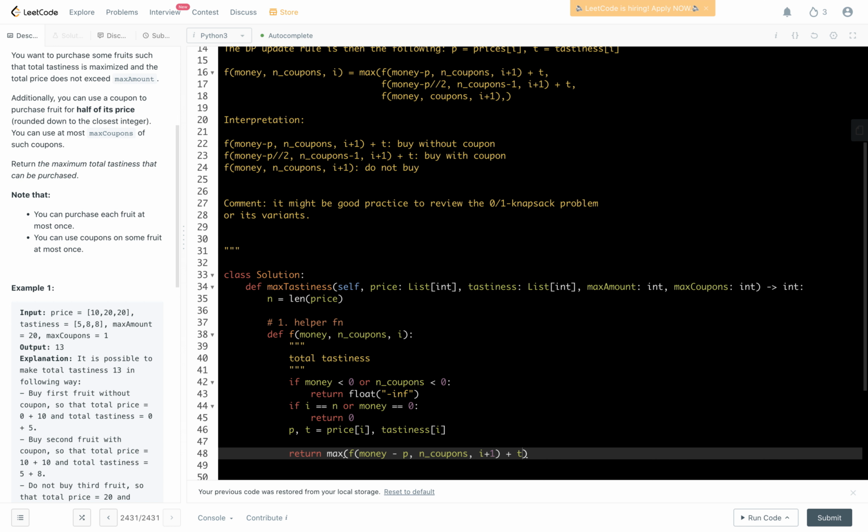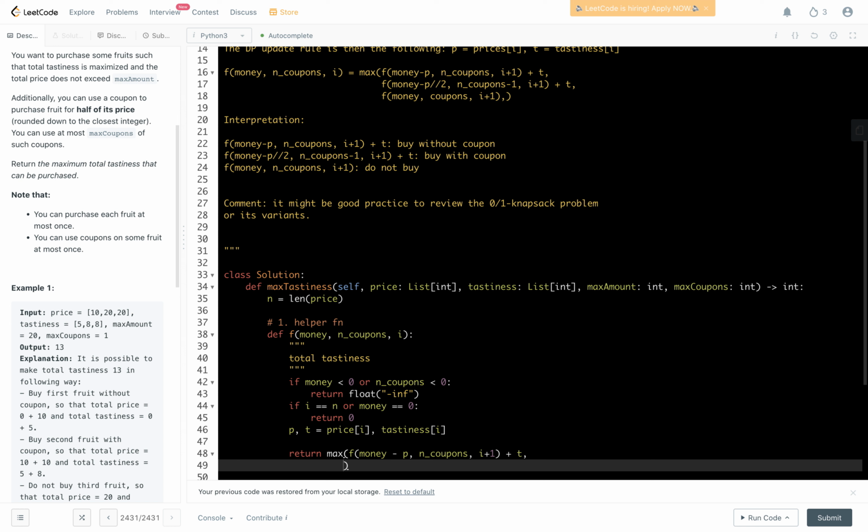First is that we buy this fruit without using a coupon. So coupons do not change, and then we go to the next, but in this case we increment the tastiness by t.